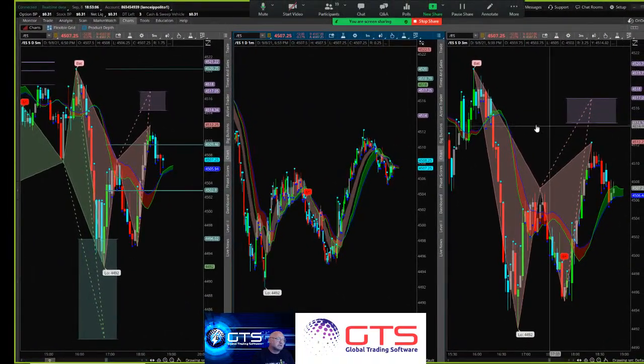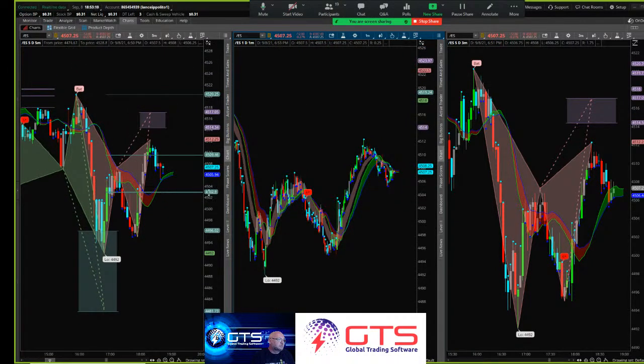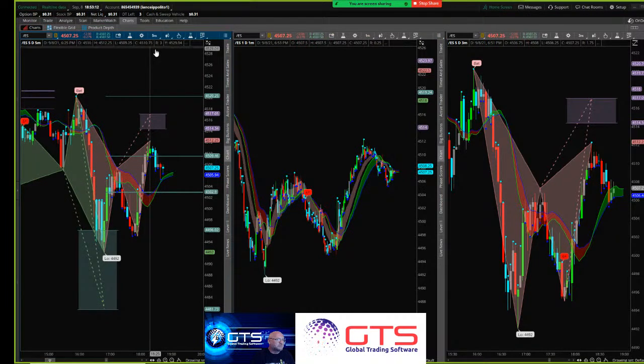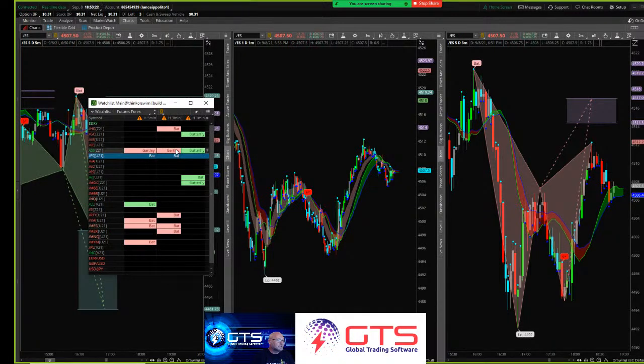Now, this is a Think or Swim trading platform. So what I've done is I've got 5 minute, 1 minute, 3 minute, and this is purely to do with harmonics. The good thing about Think or Swim is we can put a watch list together and give you alerts: Gartley, Butterfly, 1 minute, 3 minute, 5 minute.